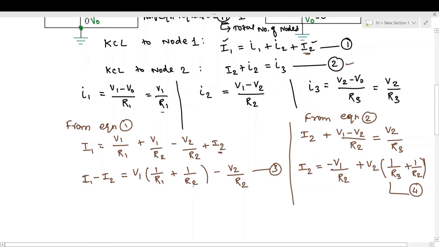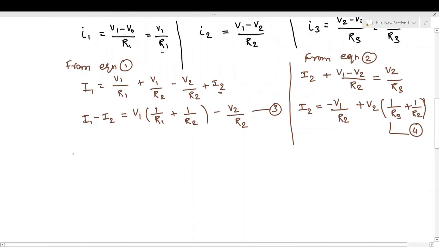Now we can apply the addition method, subtraction method, elimination method, substitution method, or Cramer's rule to solve these equations and find the values of current, and then we can find the values of voltages also. For simplicity, we will take Cramer's rule. As per Cramer's rule, we will take equation number 3 and equation number 4 to form the matrix.